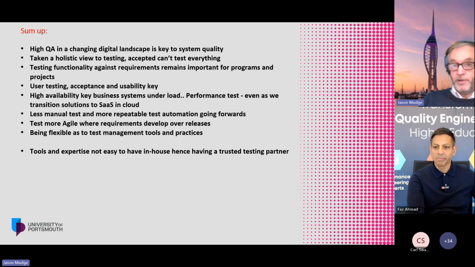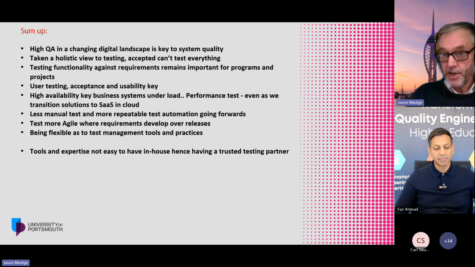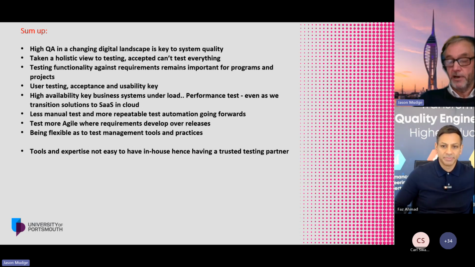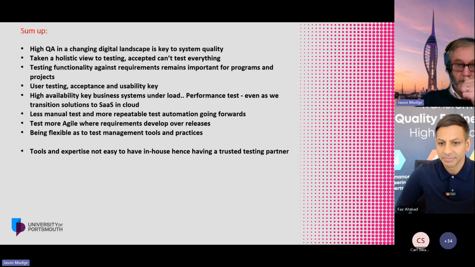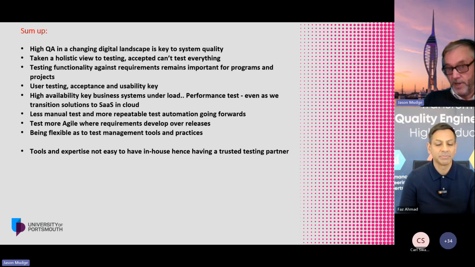So yeah, we're doing more and more test automation, including, as I said, for BAU use, just so that people can quickly patch systems and know that they haven't killed them. We're working more and more flexibly.